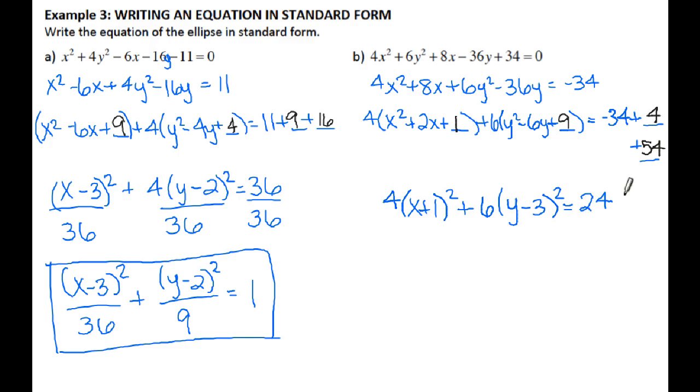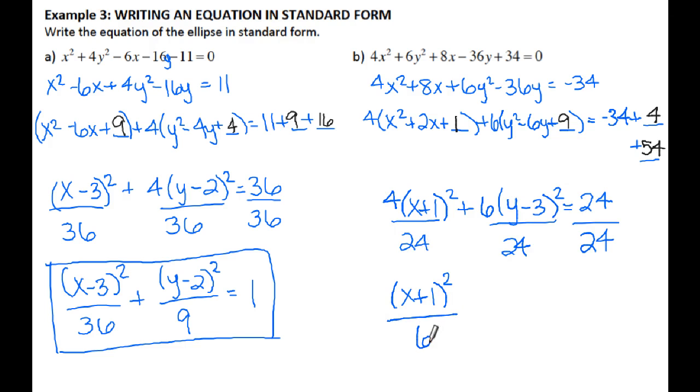Now our equation needs to equal 1, so I'm going to divide both sides by 24. And then reduce. So I have (x plus 1) quantity squared over 4 over 24, which reduces to 1/6, plus (y minus 3) quantity squared, 6 over 24 reduces to 1/4, equals 1. And this is our equation in standard form.